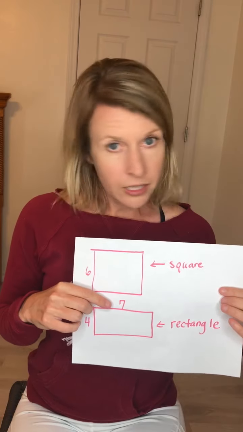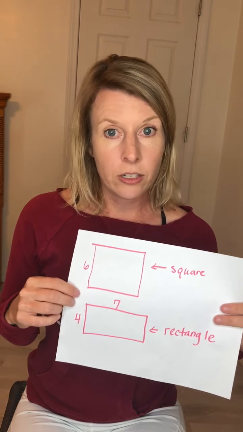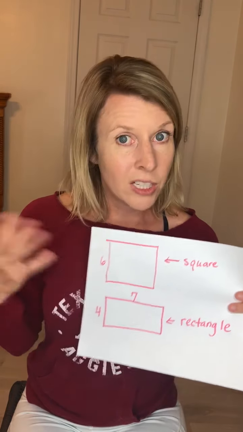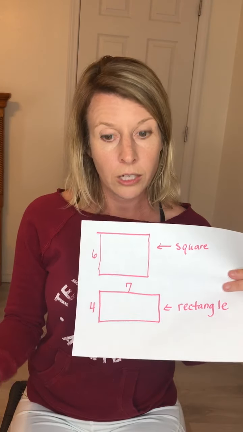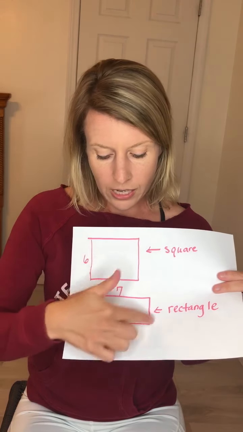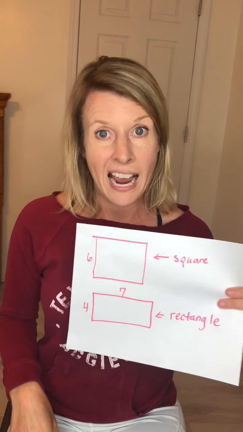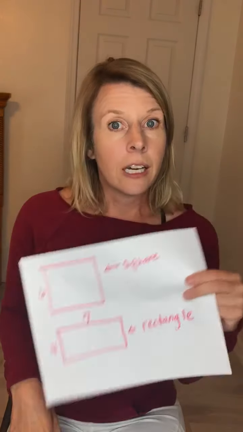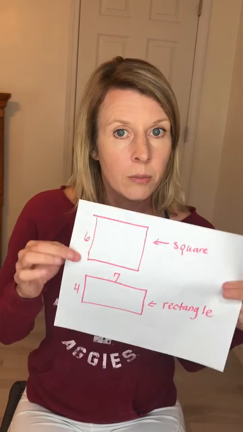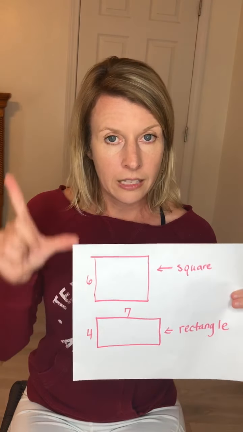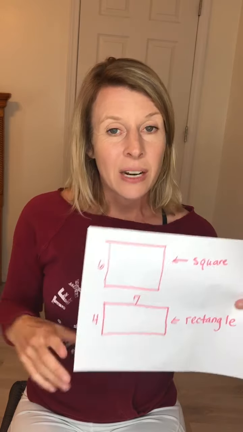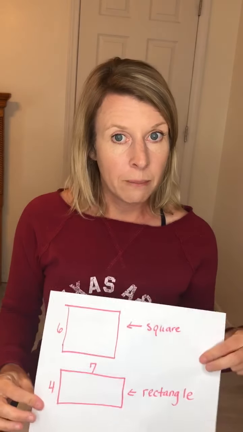That's not how we find area. We multiply. Now, if I asked you to find perimeter, which I haven't taught you yet, but you're going to need to know in 4th grade, we would need to know all these sides. So we would have to know 4 and 4 and 7 and 7, and then we would add all the sides. But area, what we're learning this week and reviewing, is multiplying length times width. So don't forget that whenever you practice some more.